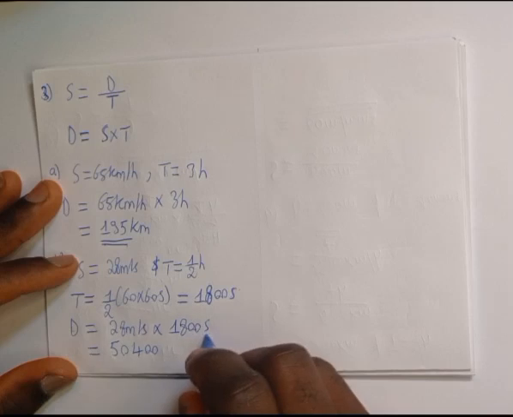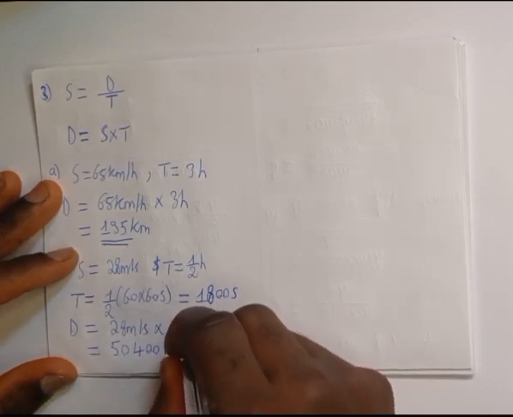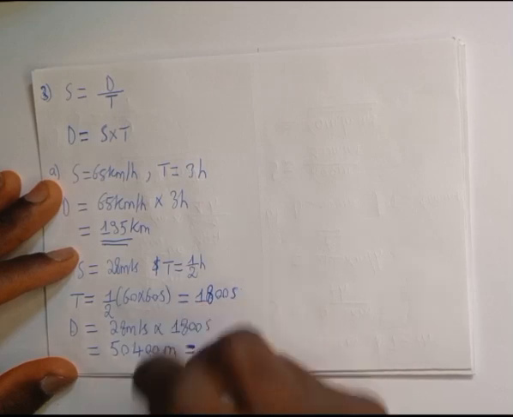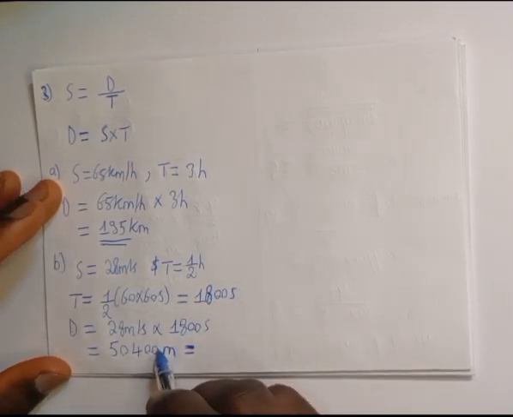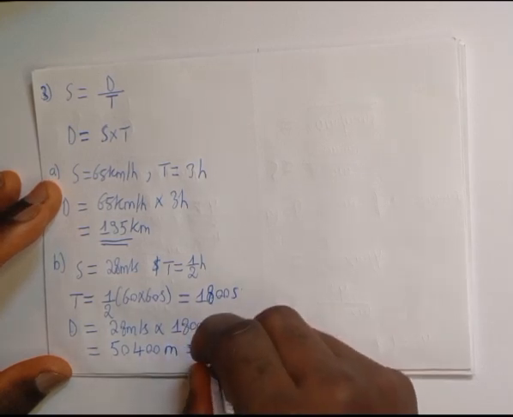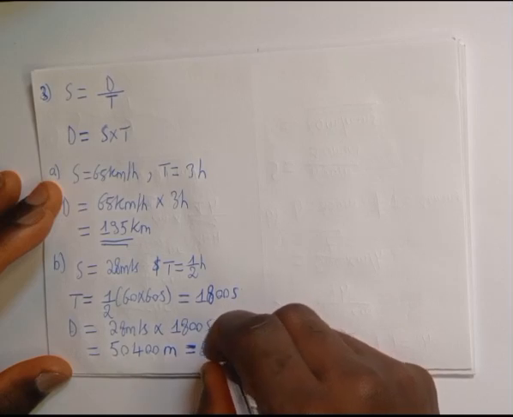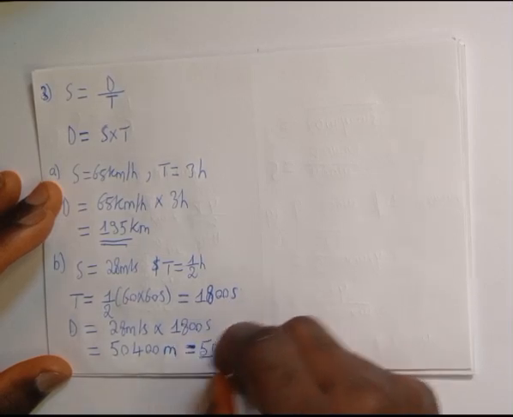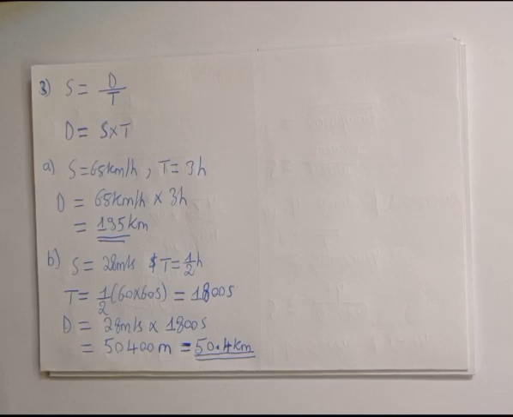The seconds will cancel, we'll be left with meters, which is simply the same as, we divide by 1,000, this will give us 50.4 kilometers. This will be the distance traveled by the object in kilometers.